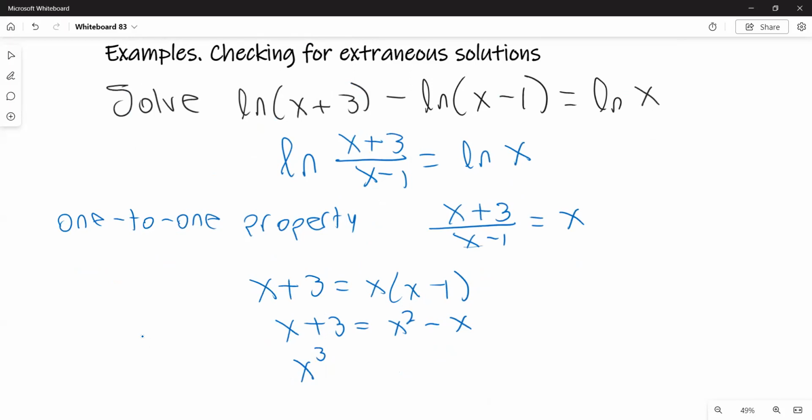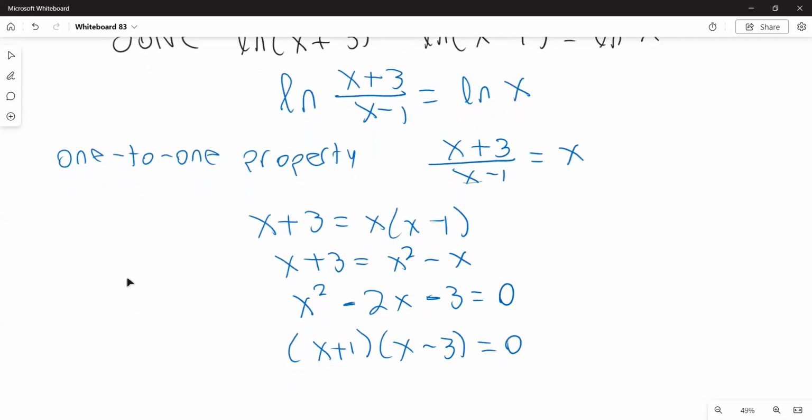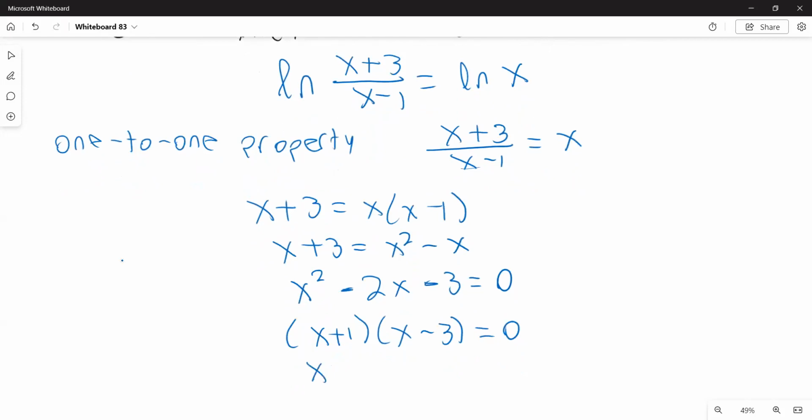Subtracting x from both sides, we have x squared minus 2x minus 3 is equal to 0. So that equation, we can solve it by factoring. This factors as x minus 3 and x plus 1. We have two possible solutions, negative 1 and 3.